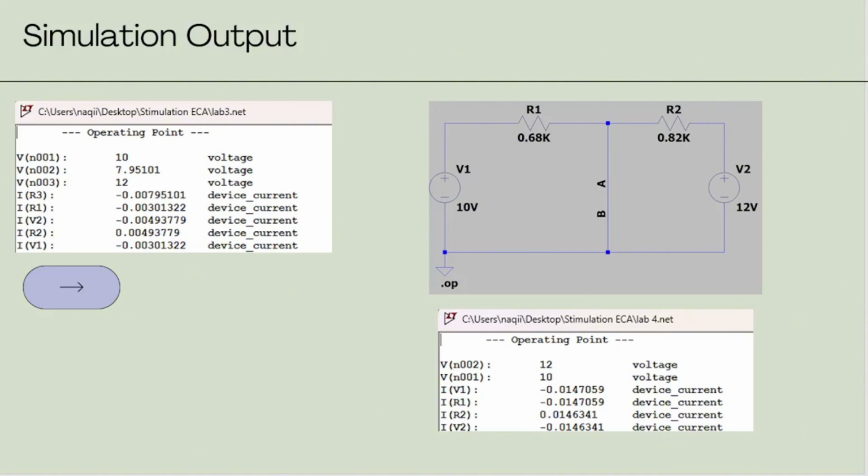Then we go to the next procedure, where we remove the 1 kilo ohm resistor and take the readings on A and B. In the result at the bottom, we got R1 with negative 0.014 and R2 with 0.014. It is close and similar, one is negative, but both of them are similar.